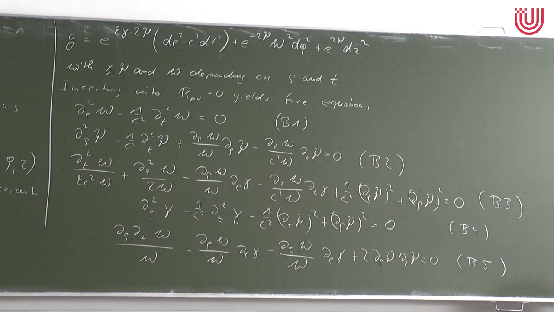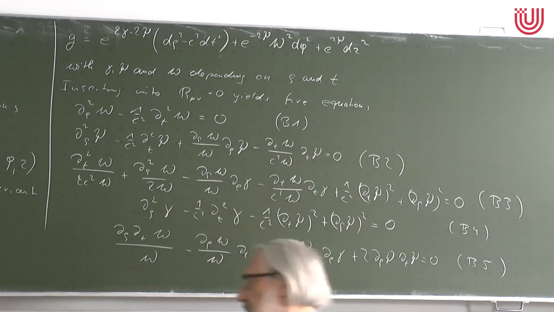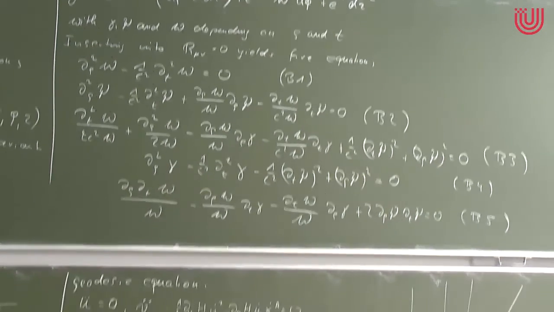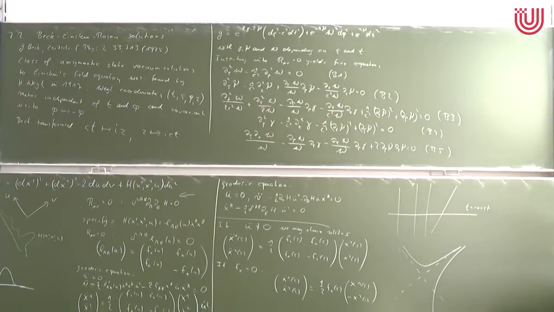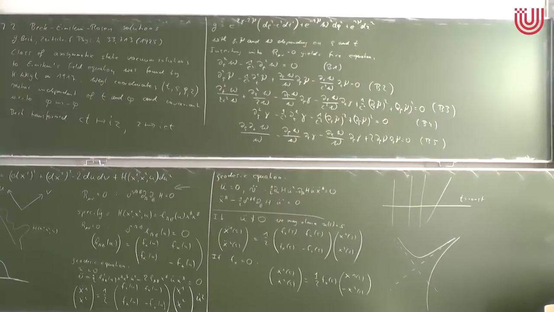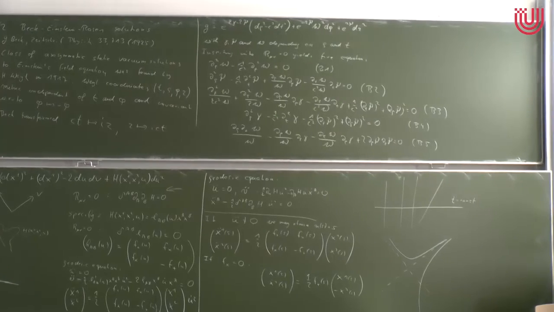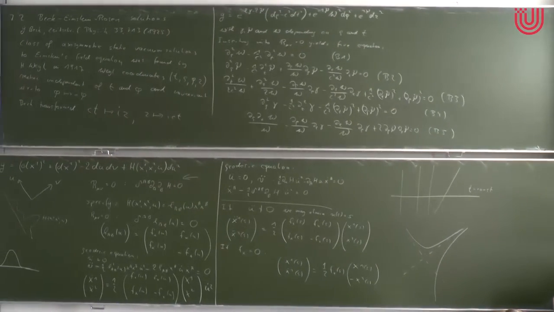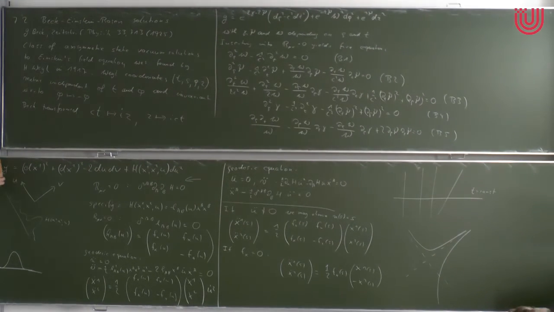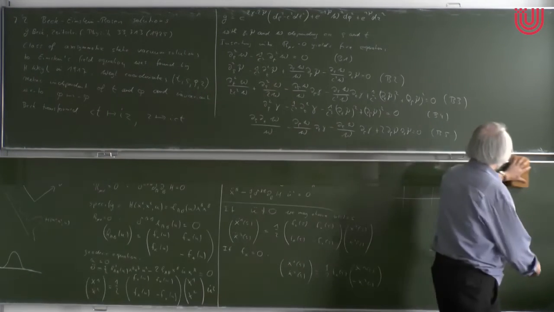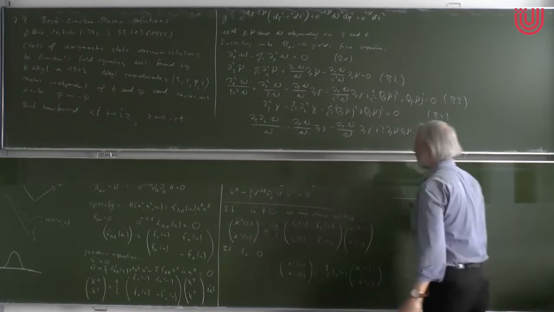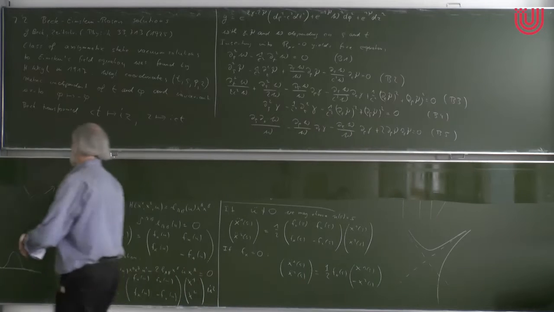Of course, everything would be much simpler if instead of the three functions gamma, psi, and w, you would have only two. And so the first question, actually this was done by Weyl already in his case, was: is it possible to specify one of these three functions, for instance, by identifying it with one of the coordinates?